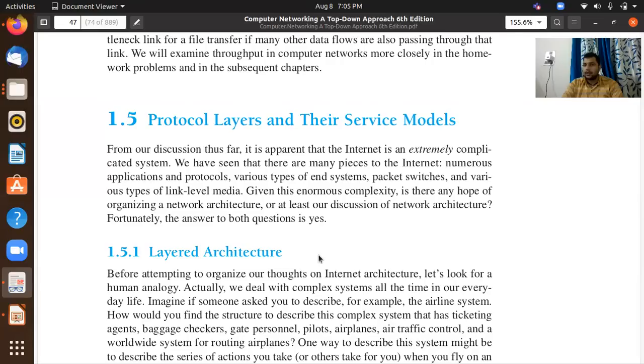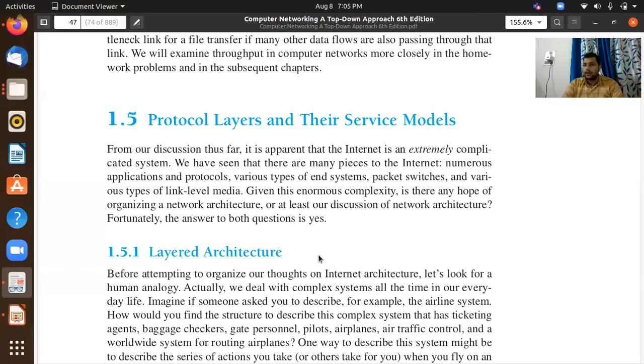To better understand it, we'll take an analogy: suppose a person named A wants to travel from location A to location B using the airline system. So instead of the internet or the network system, here it's a network of airlines.